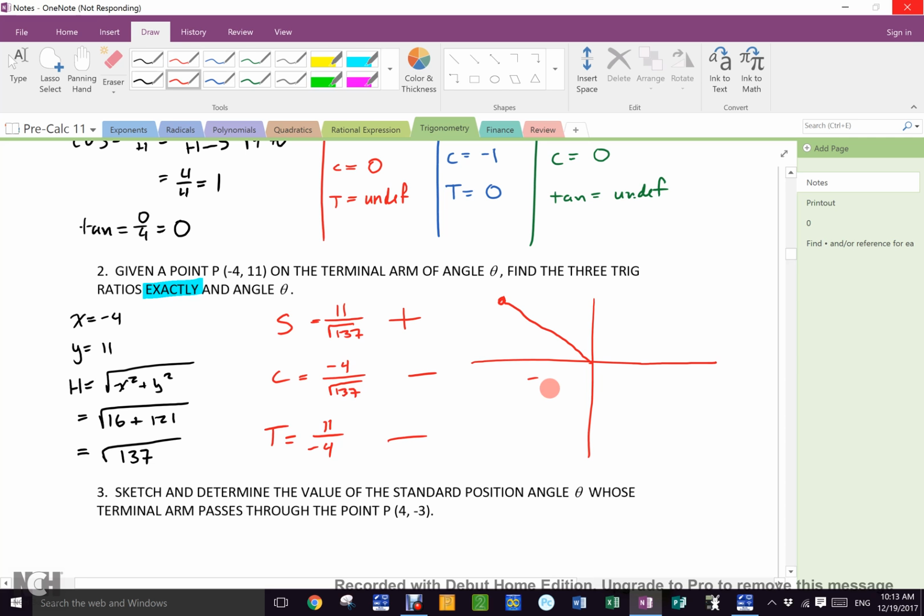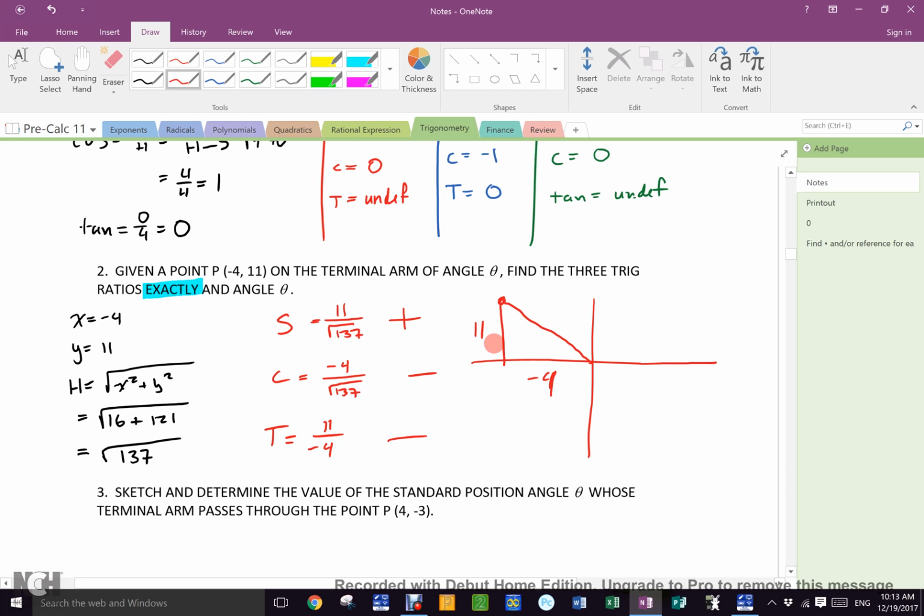How are you going to use that -4 and that 11 to find an angle? This goes back to grade 10 now, because what have I made right here? I've made a triangle, yes? How do you find angles when you know sides?